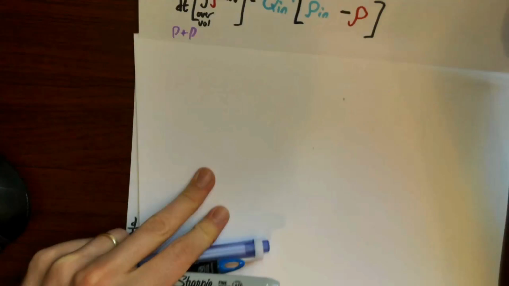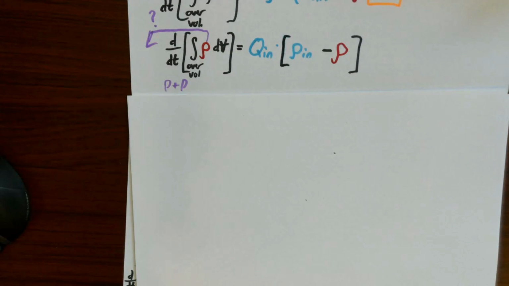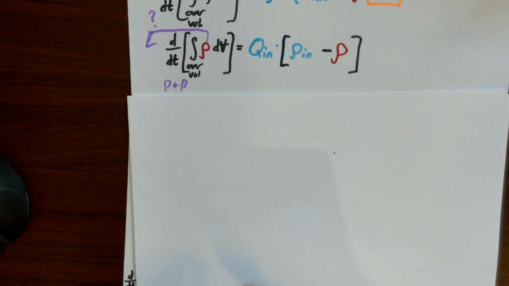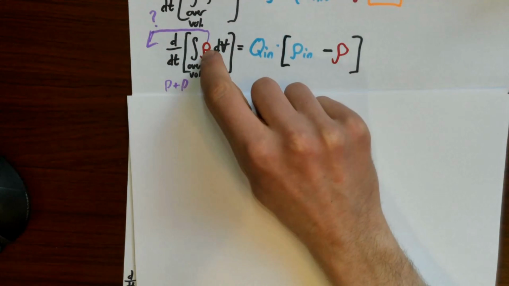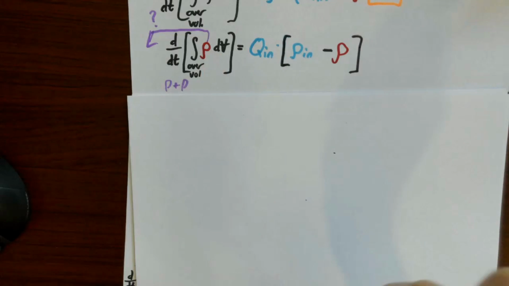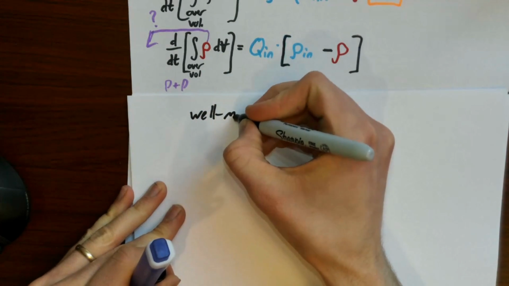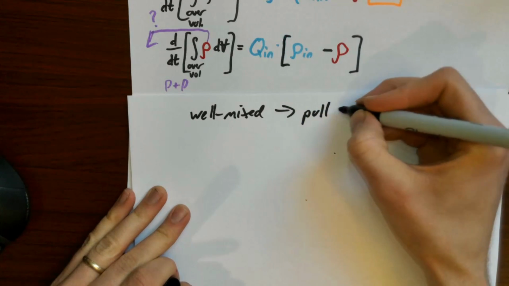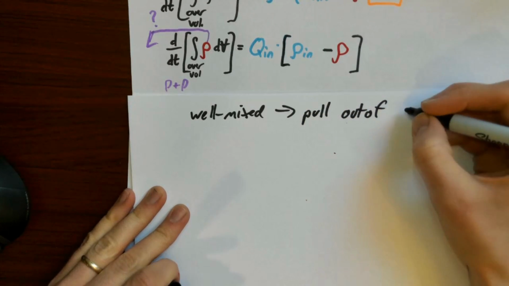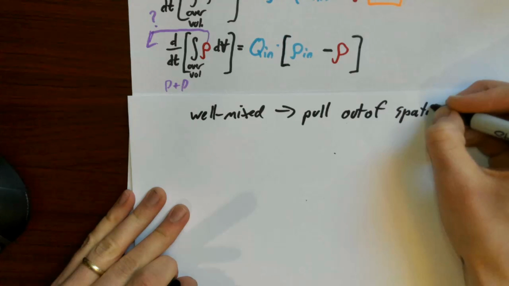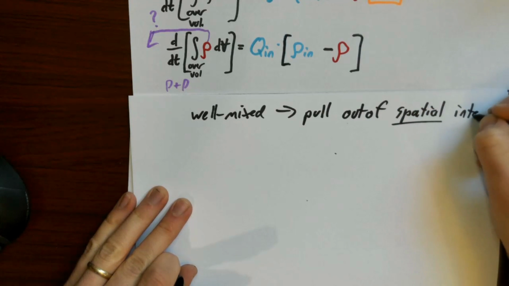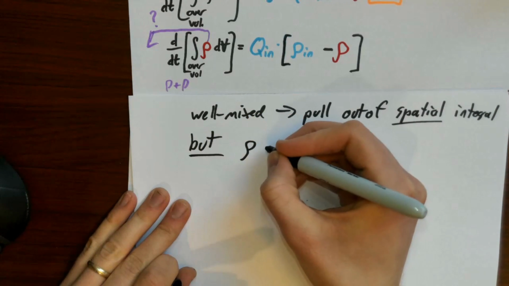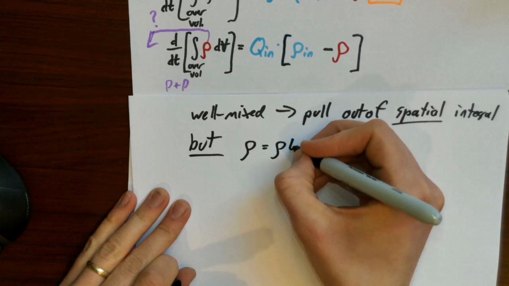Spoiler alert, we can't pull it all the way out, but we can pull it some of the way out. It turns out we can pull it out of the integral, but not out of the derivative. So what's the key thing? This rho here, because we're well mixed, we can pull out of the spatial integral, but this density is going to be a function of time, right?